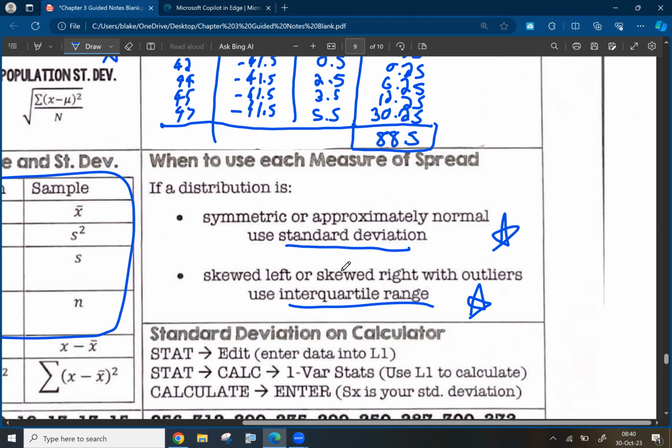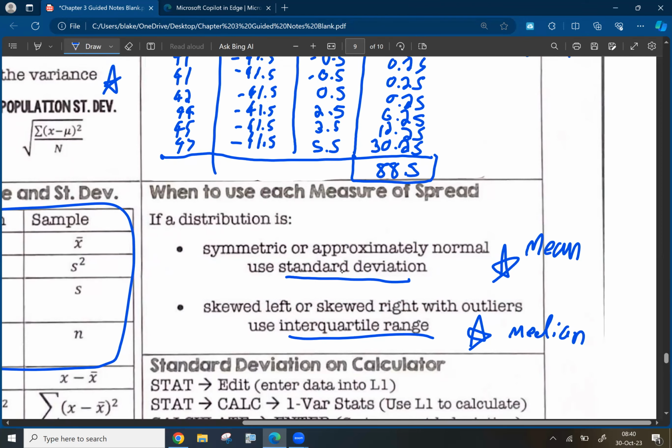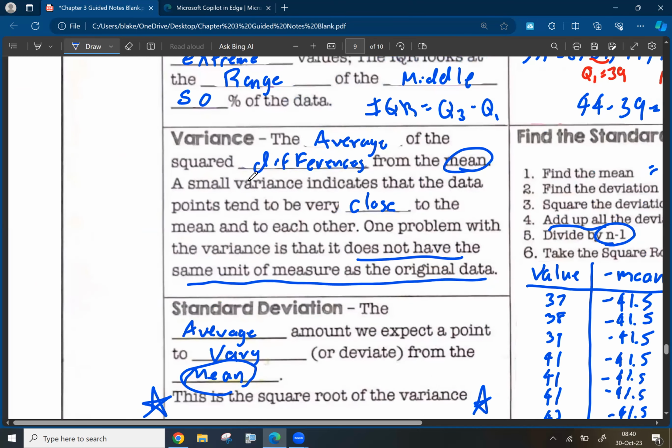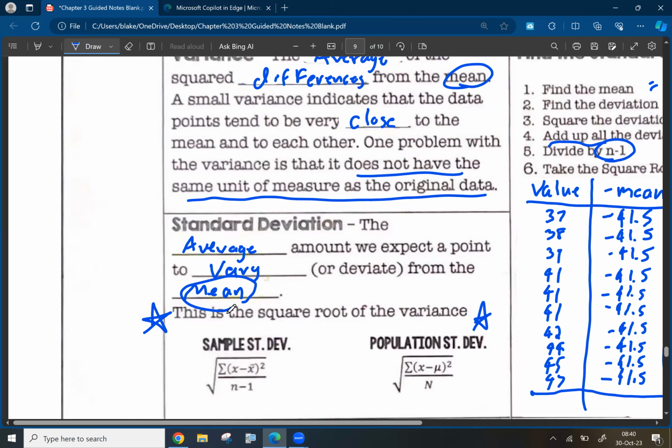And if you go back to 3.6, if it was symmetrical, this also used mean as its measure of center. And if it was skewed, it used median as its measure of center. This is an important point to notice because the mean helps with the variance and standard deviation. The standard deviation works with the mean.